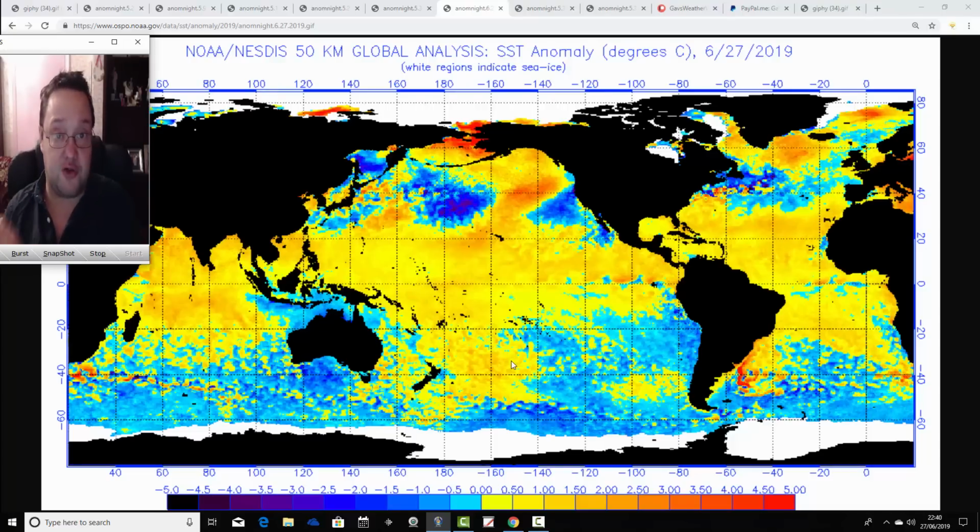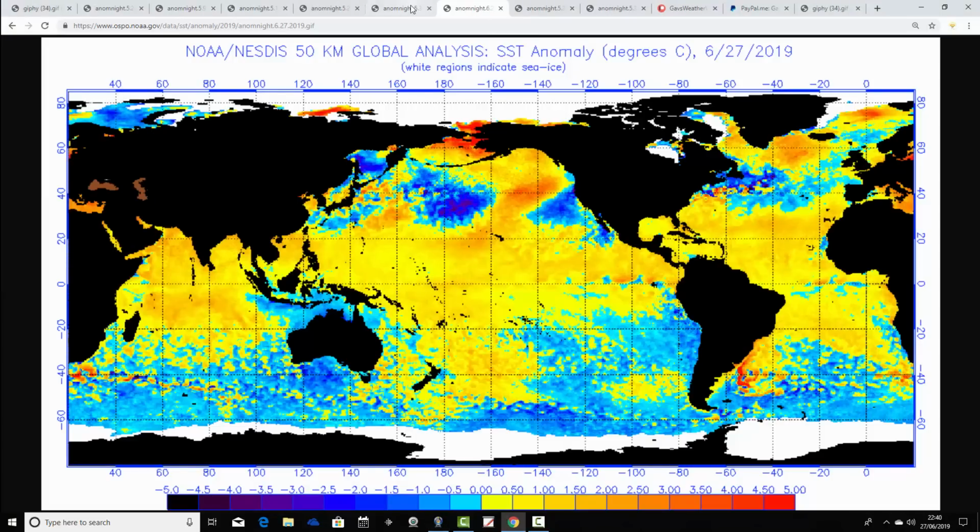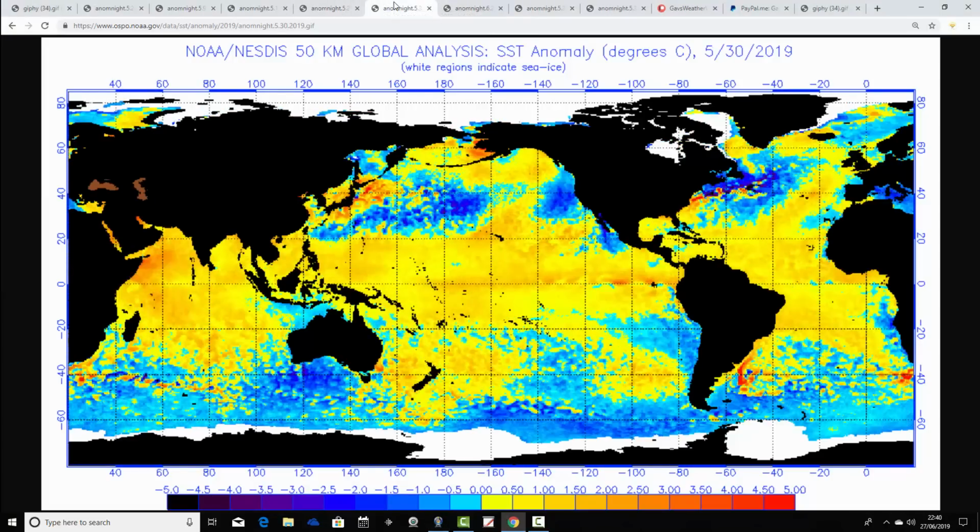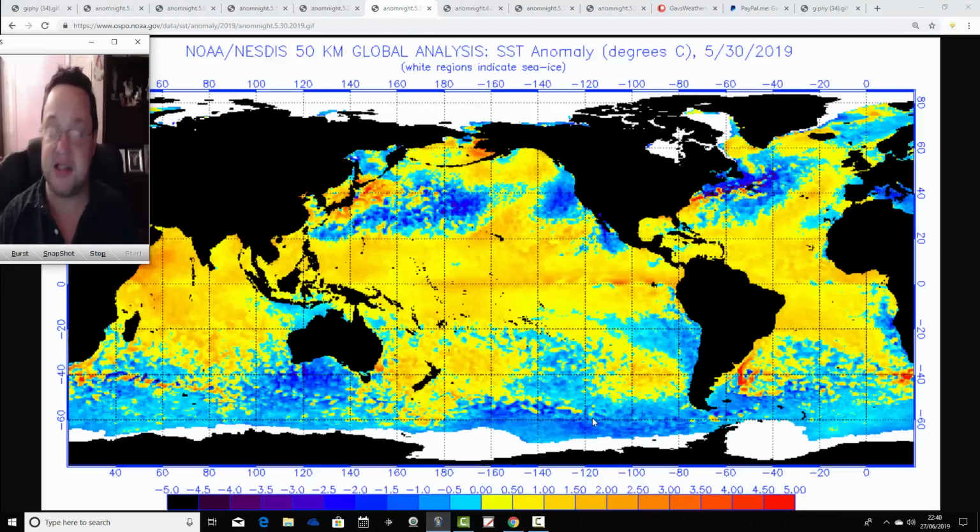That's happened by the time we got to the end of June, though. So we can't go that far with the forecast based on the sea surface temperature anomalies in the month of May. But nevertheless, I like the progression that we've had through May 2019.